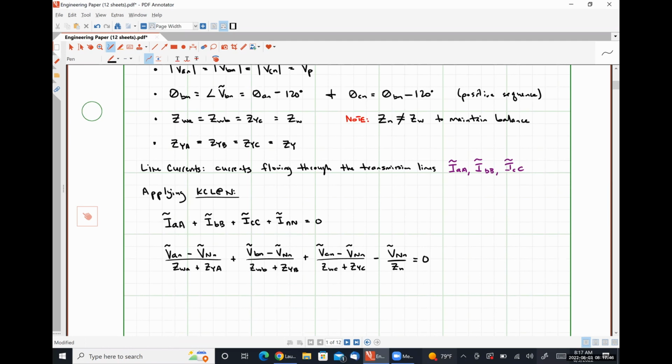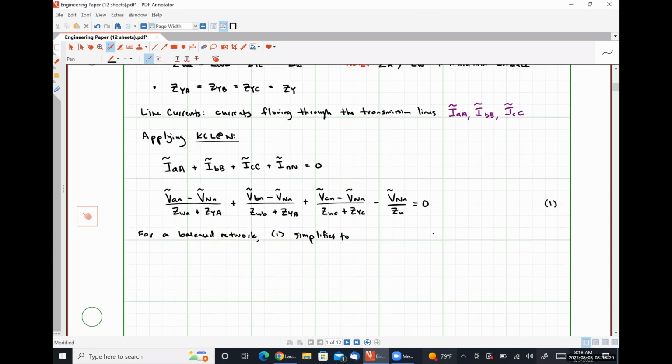So this is what our generic expression would look like. For a balanced network, this equation can be simplified. So I'm going to move VNN over Zn to its own side of the equation. So let's put it over here.